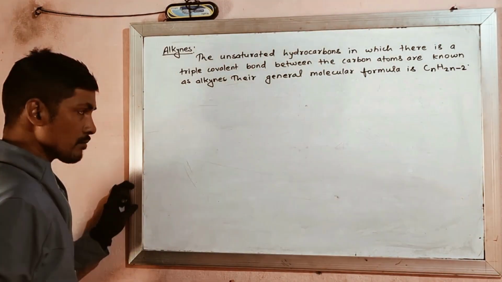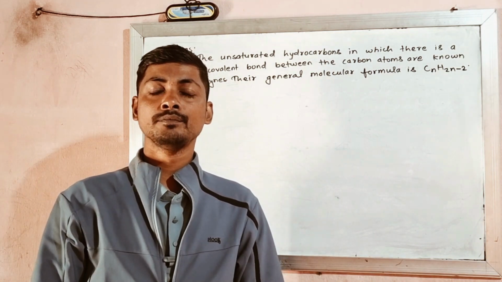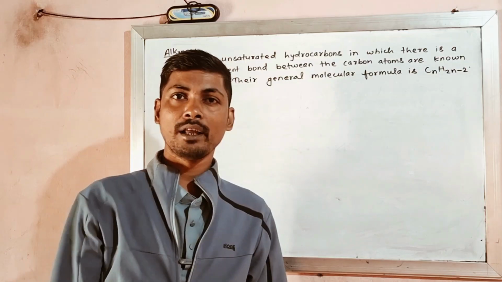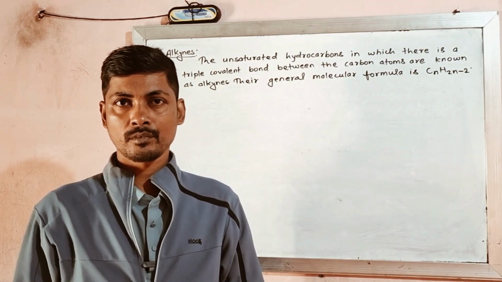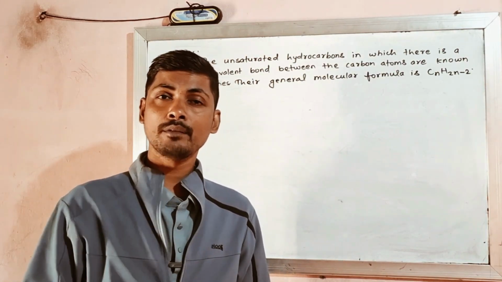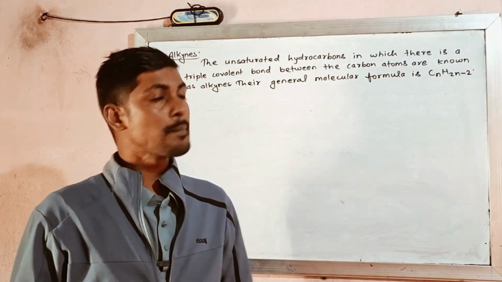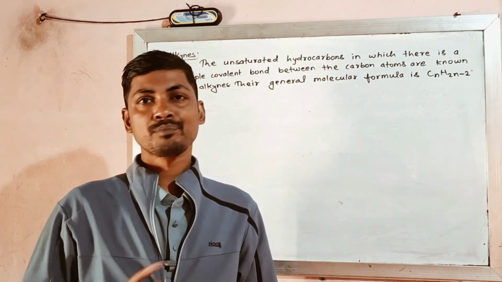So these alkynes are unsaturated hydrocarbons having 3 covalent bonds between 2 carbon atoms. Whereas in alkene, what is there? A double covalent bond. In alkane, there is a single covalent bond. But in alkyne, there is a triple covalent bond between the carbon atoms.